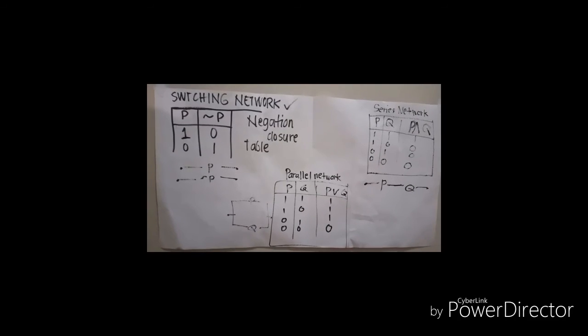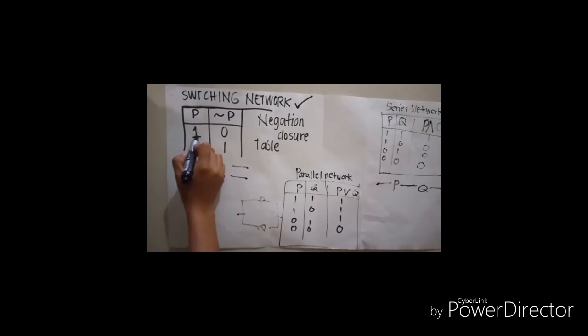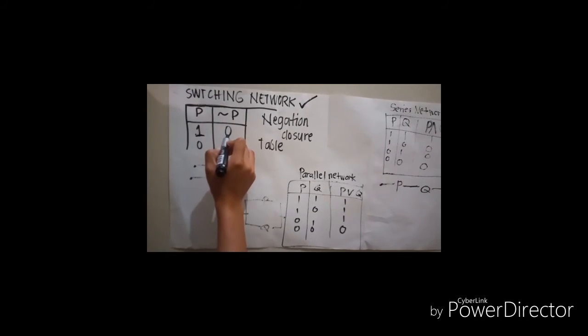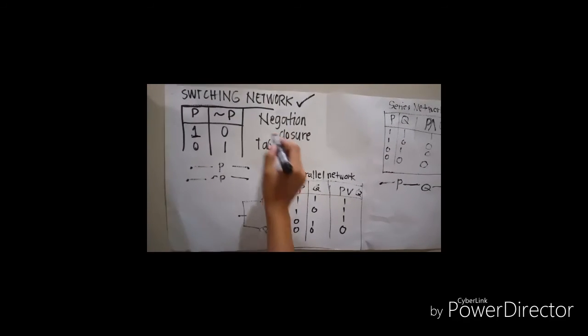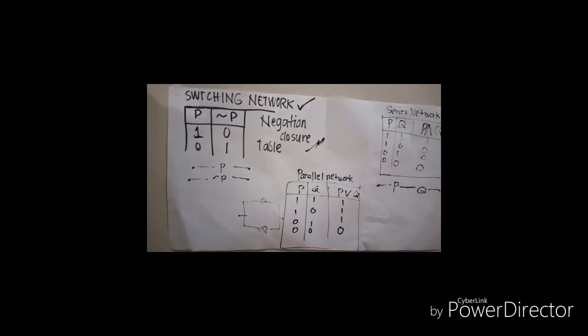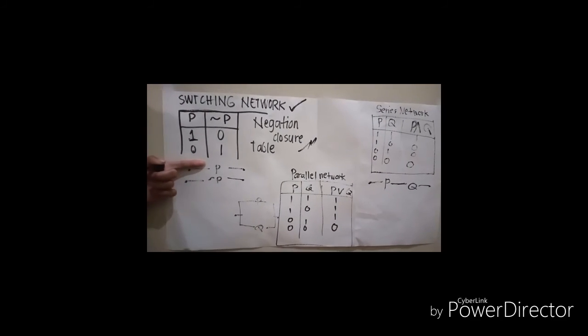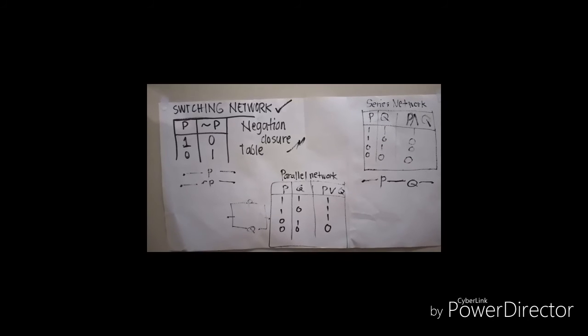Next, we proceed to the next topic, which is switching networks. In a closure table, we use a 1 to indicate that the switch or switching network is closed and a 0 to indicate that it's open. This is an example of a negation closure table.